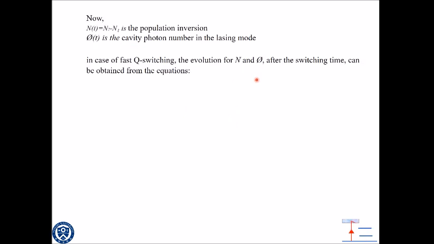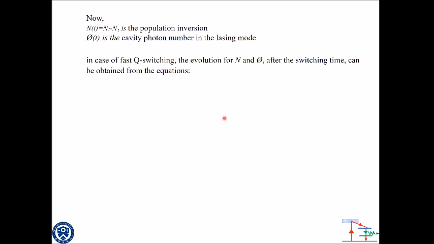Now to derive the equation, let us consider the population inversion is N(t), the difference of the populations at levels N2 and N1, and phi(t) is the cavity photon number in the lasing mode.